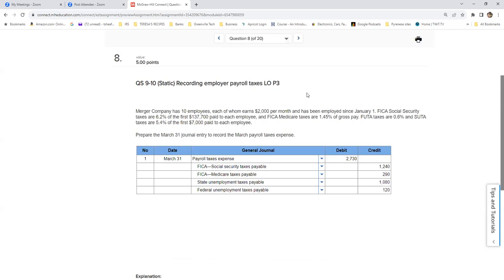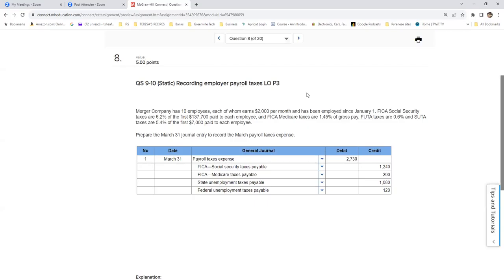Now, the employers have a responsibility, and it's called payroll taxes. This is a business expense. They have to match whatever Social Security and Medicare was withheld from their employee. So in our example, we have 10 employees, each of whom earns $2,000 a month and has been employed since January 1st.